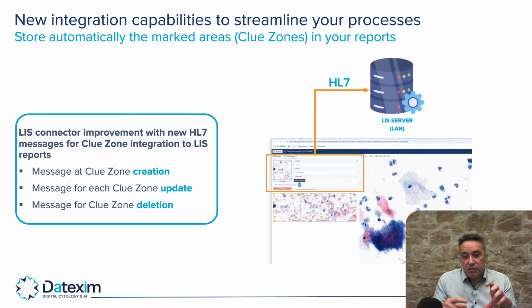So the advantage is that the LIS can automatically add these screenshots to the reports, and when the slide image is deleted, you can still keep these important areas that we call clue zones. That is a very interesting feature that a lot of people were waiting for.